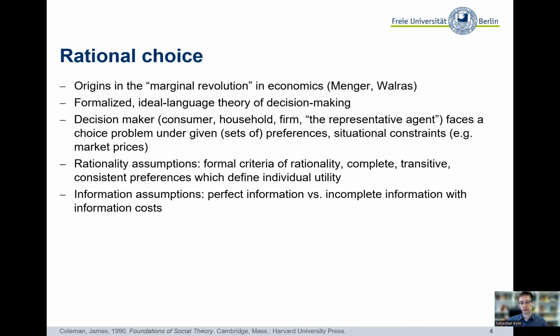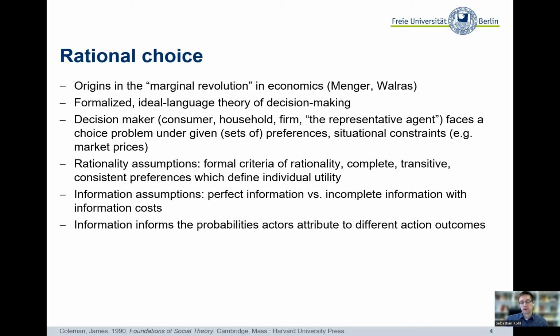And then the basic assumption is that there's perfect information. If there's incomplete information, and these are then more complicated models, then there needs also to be certain assumptions about information costs. So at which point is it not beneficial anymore to gather further information because it just becomes too costly.